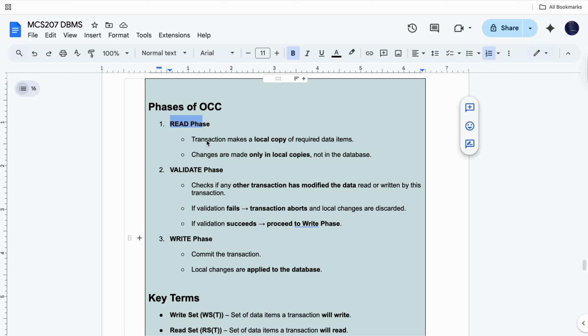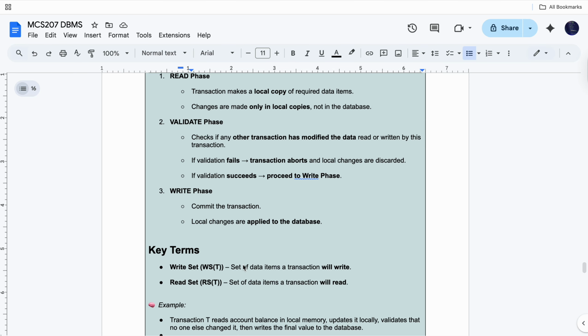Read phase: the transaction makes a local copy of the required data items, and changes are made only in local copies, not in the database. Validate phase: check if any other transaction has modified the data read or written by this transaction. If validation fails, the transaction aborts and local changes are discarded. If validation succeeds, proceed to the write phase, which commits the transaction.